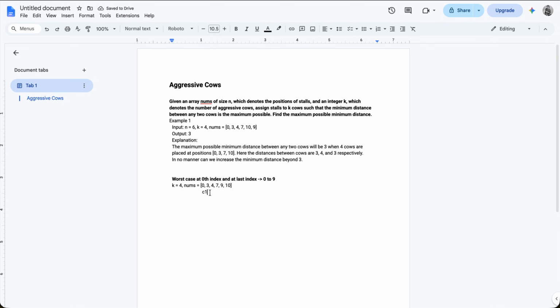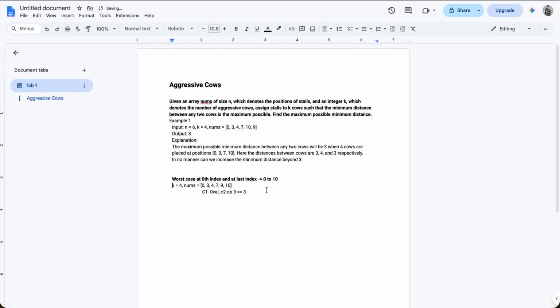So if I place cow 1 on the 0th value and cow 2 on the value 3, the distance here is 3, which is okay because we have a range of 0 to basically 10.